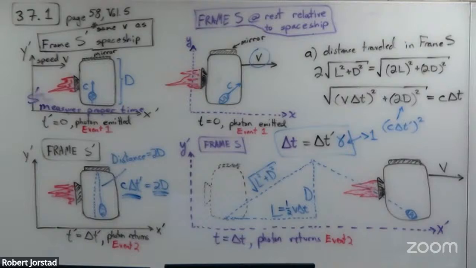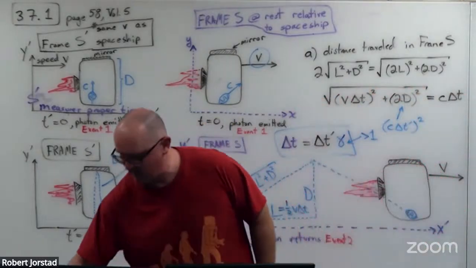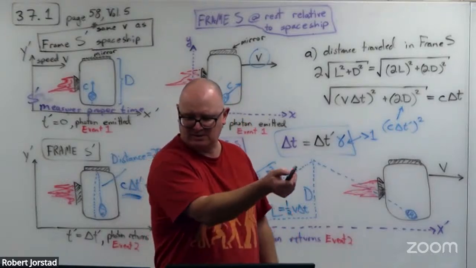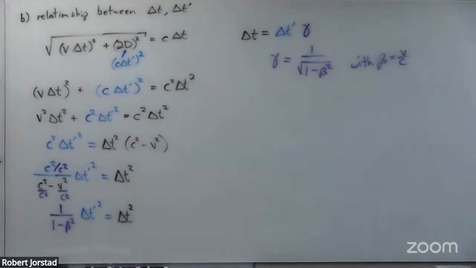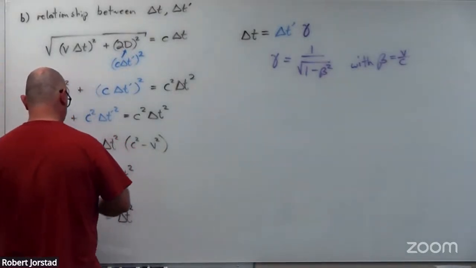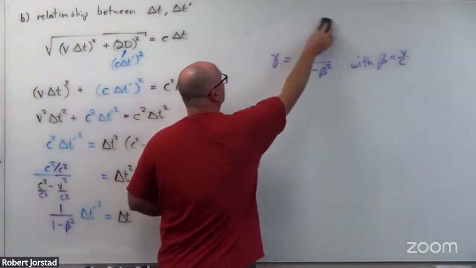Assume the clock in S frame requires exactly twice as long to complete 1 tick. Determine the speed of the rocket. So let's go back over to here.